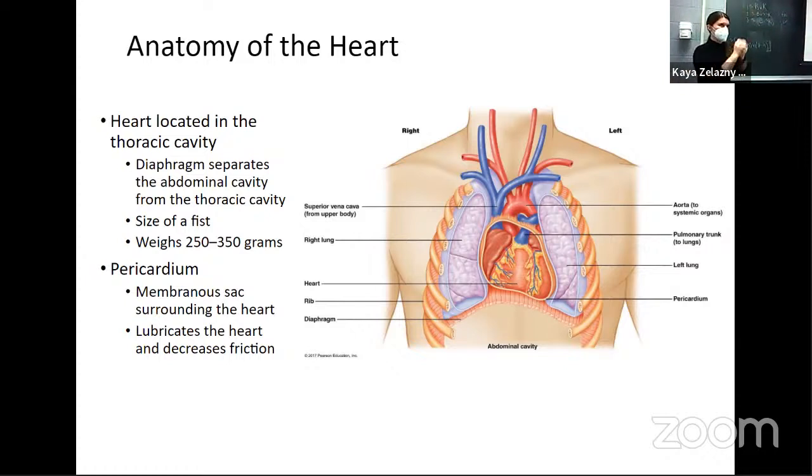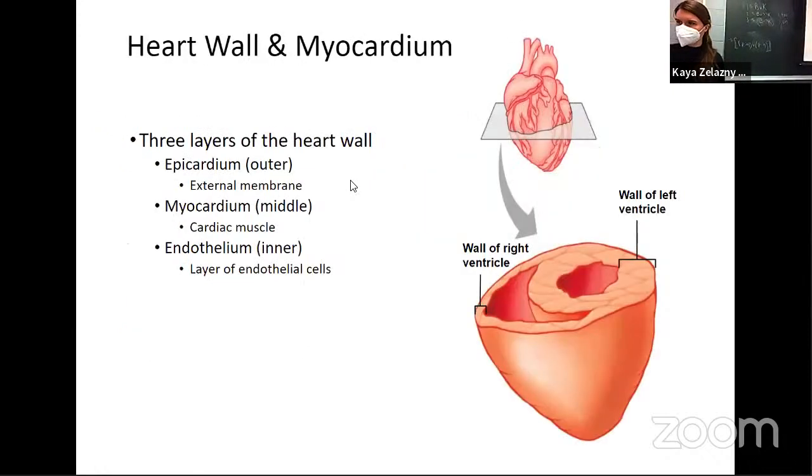It's not good if you can't move your heart easily to allow for blood flow. So the pericardium is lubricating the heart and allowing it to move freely. This is also a potential place where pressure could build up in this sac pathologically, which would put pressure on the heart, which is problematic.